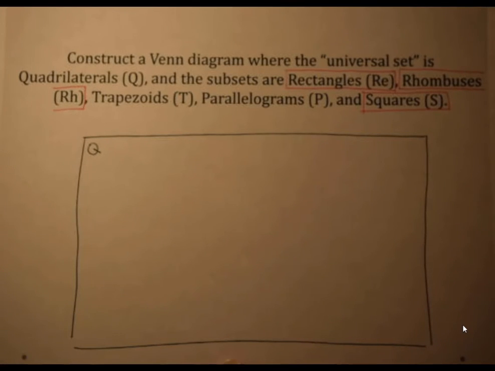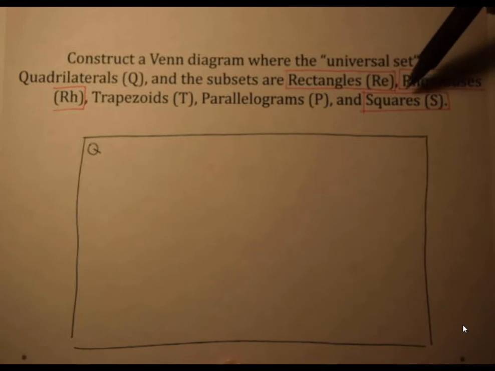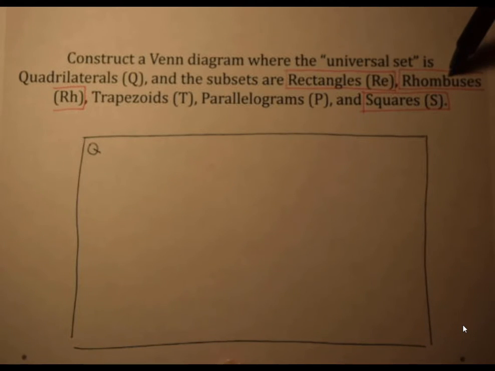Welcome back. Were you able to find a diagram with rectangles, rhombuses, and squares? So we have to think about how they're related. Well, we know every single square is also a rectangle, and every single square is also a rhombus.